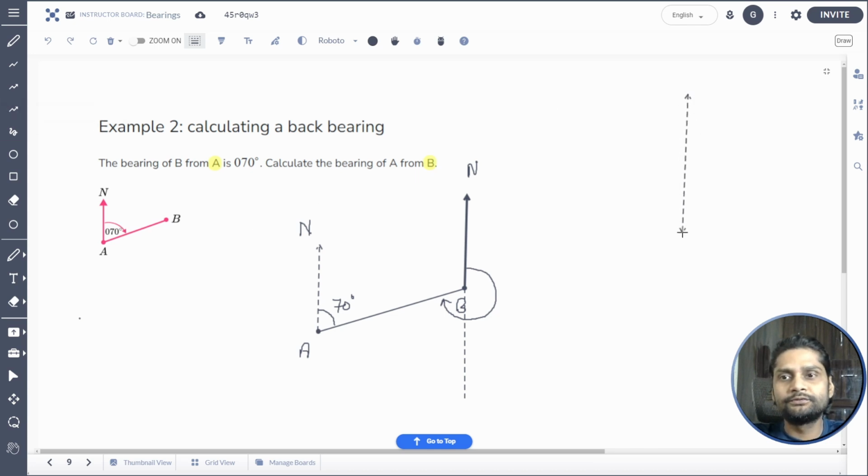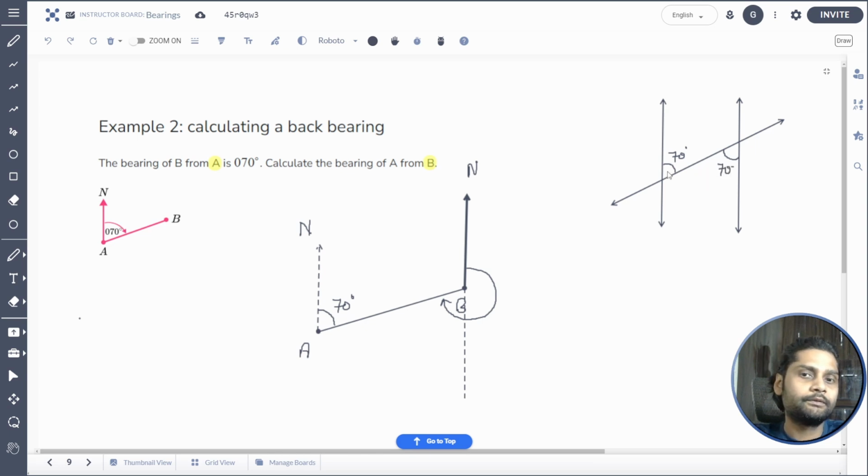So if we have two lines which are parallel, because both of them are pointing towards the north direction, they must be parallel. And if there exists a transversal that intersects them, we get a pair of alternate interior angles. In that way, we can consider this angle to be also 70 degrees.